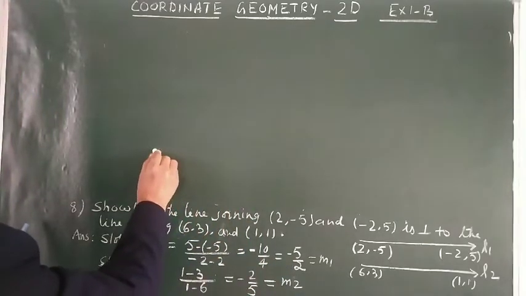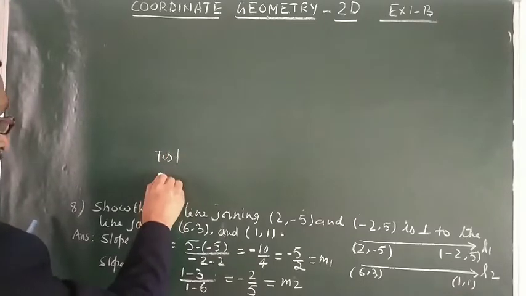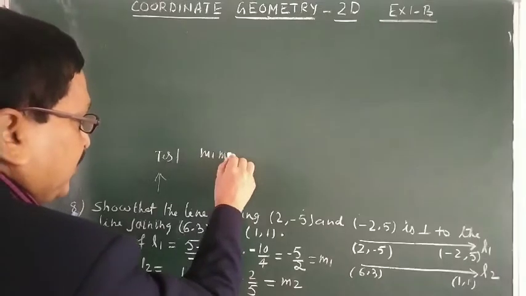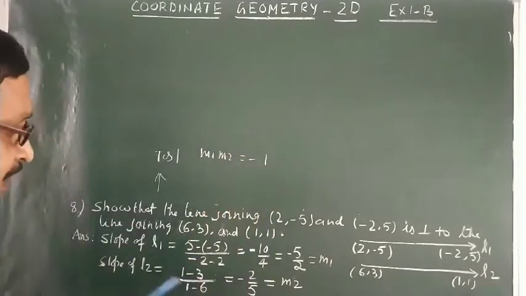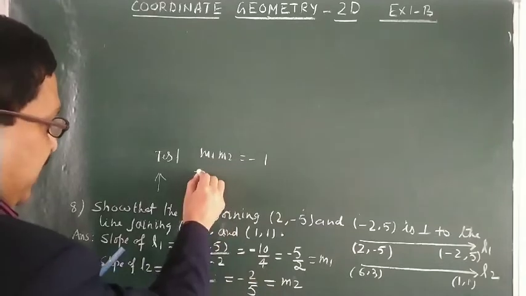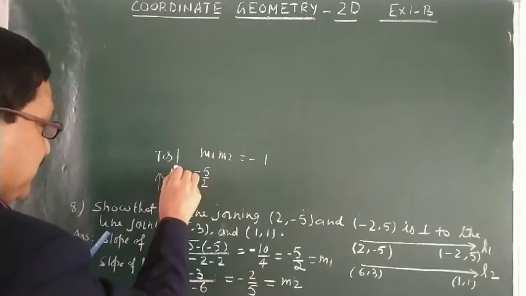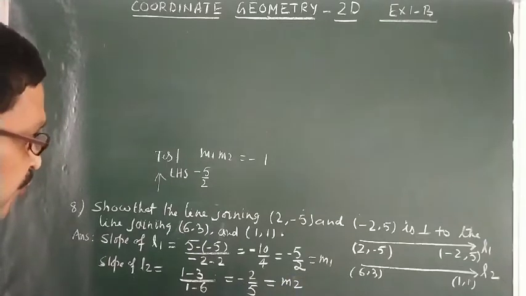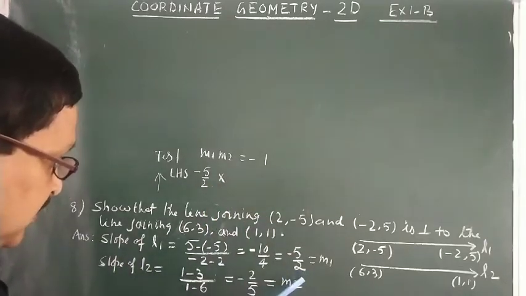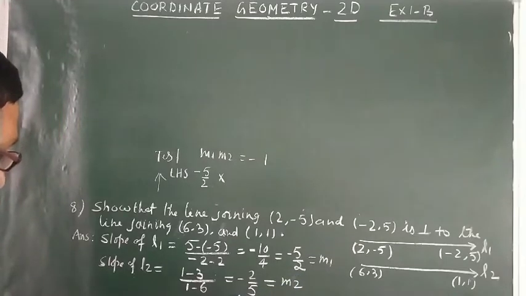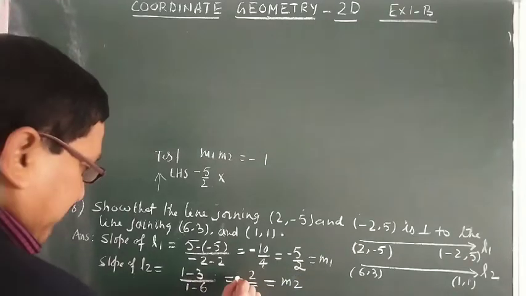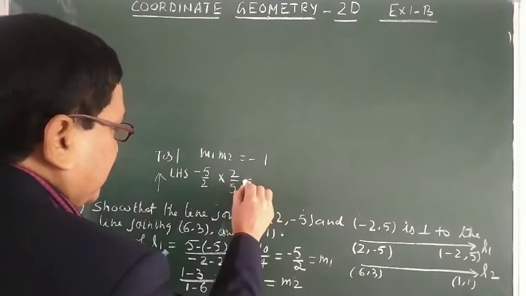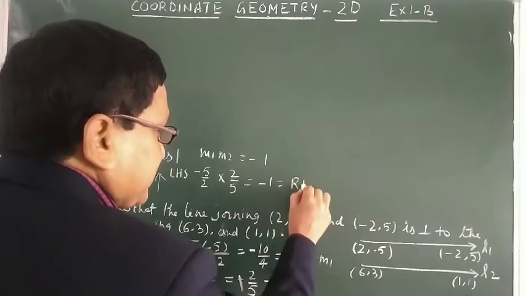Now we test for perpendicular lines. Test: m1 into m2 is equal to minus 1. Now LHS is m1, minus 5 by 2, into m2, minus 2 by 5. Minus minus cancel, so this becomes plus 2 by 5 into 5 by 2, which is minus 1, equal to RHS.